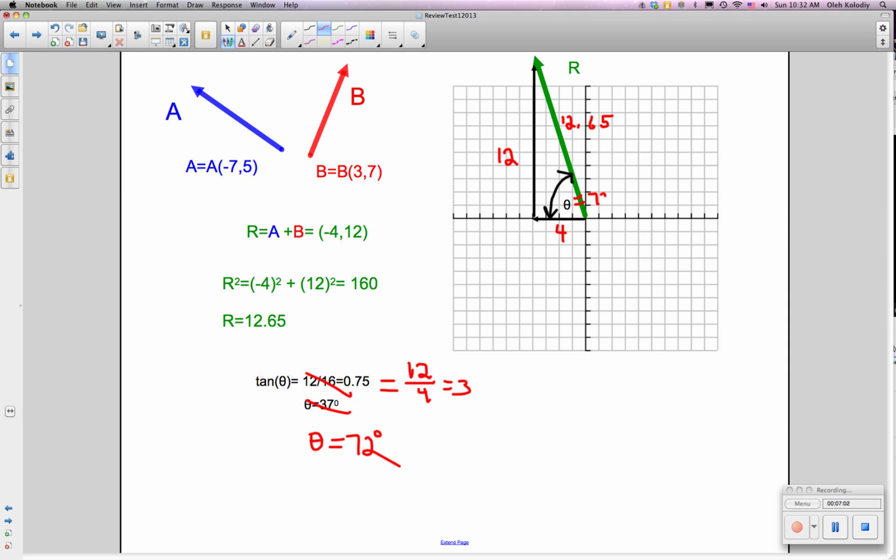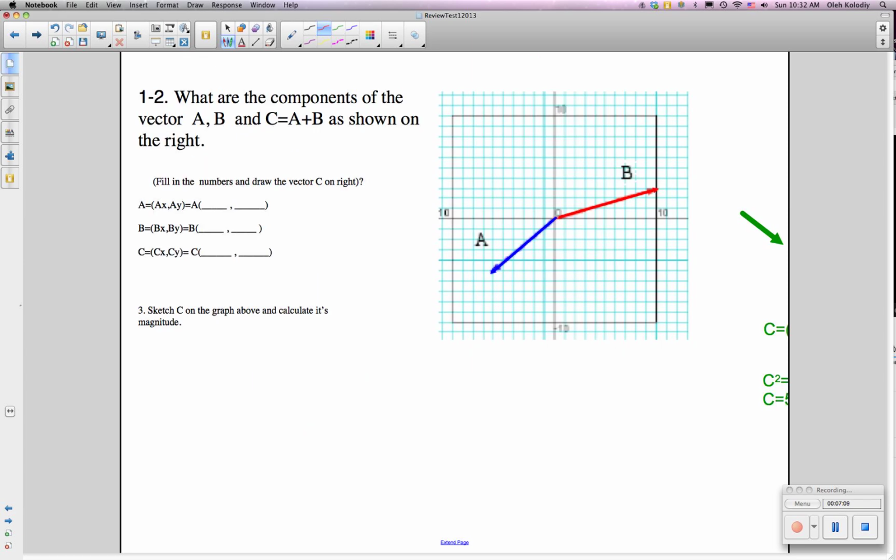So see if you can do this problem. Stop the tape and see if you can find the components of each of these two vectors here, and then the components of the sum C, which is the sum of those two vectors. And then sketch C in the graph above and calculate its magnitude.